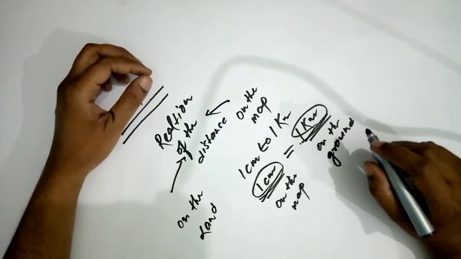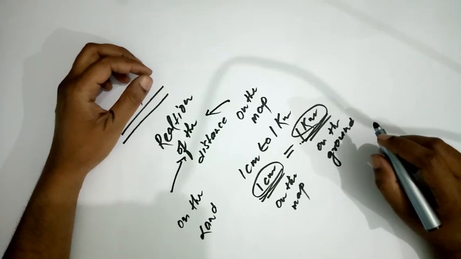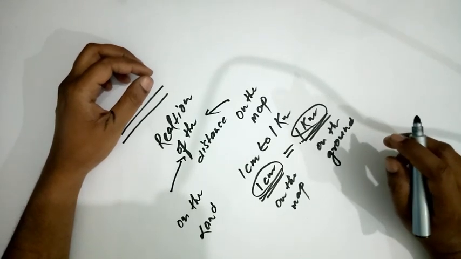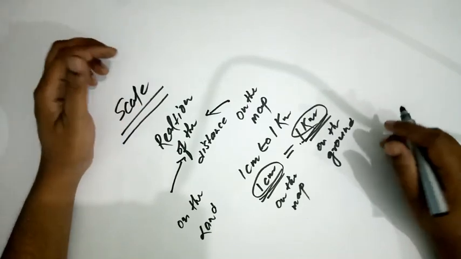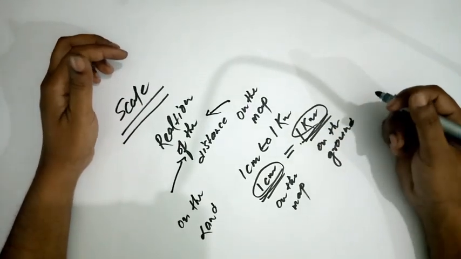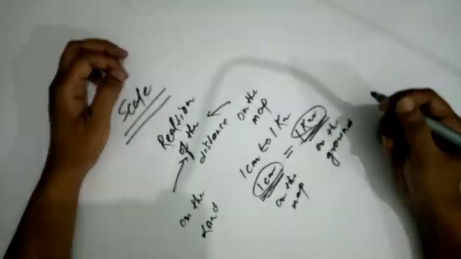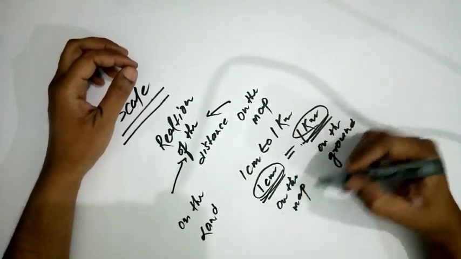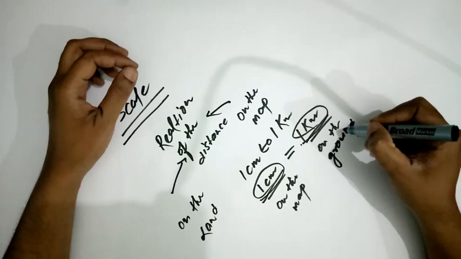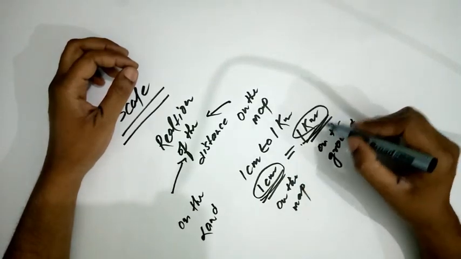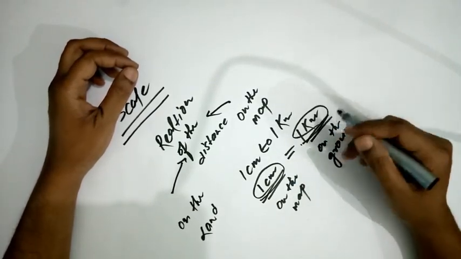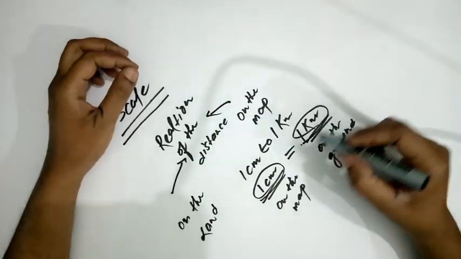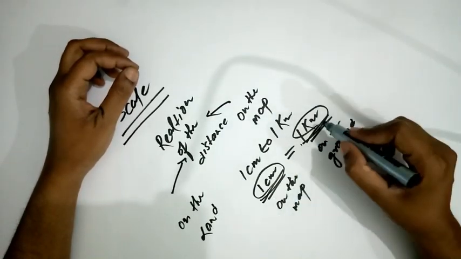So that is what a scale does. Once again, let's go with the definition. What is the definition? It defines the ratio between the distance measured on the map and the corresponding distance on the land, connecting these 2 points by the same unit. Same unit, it is not the same unit here, it is centimeter and it is kilometer.